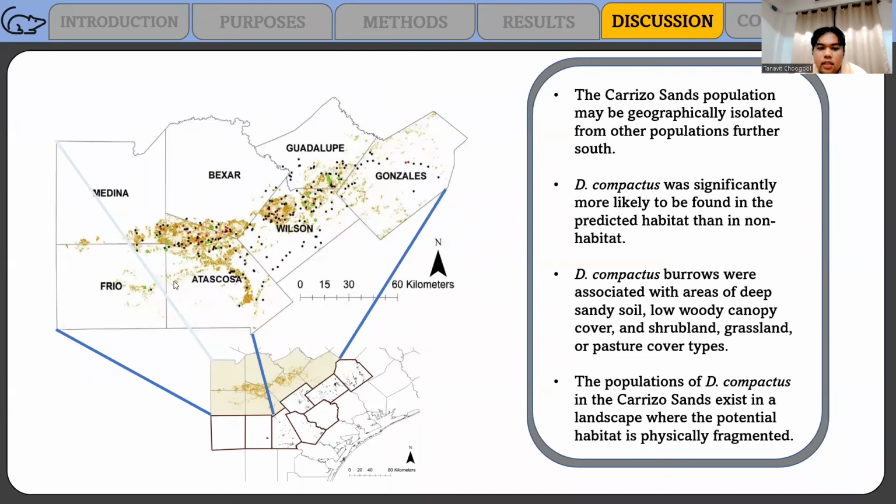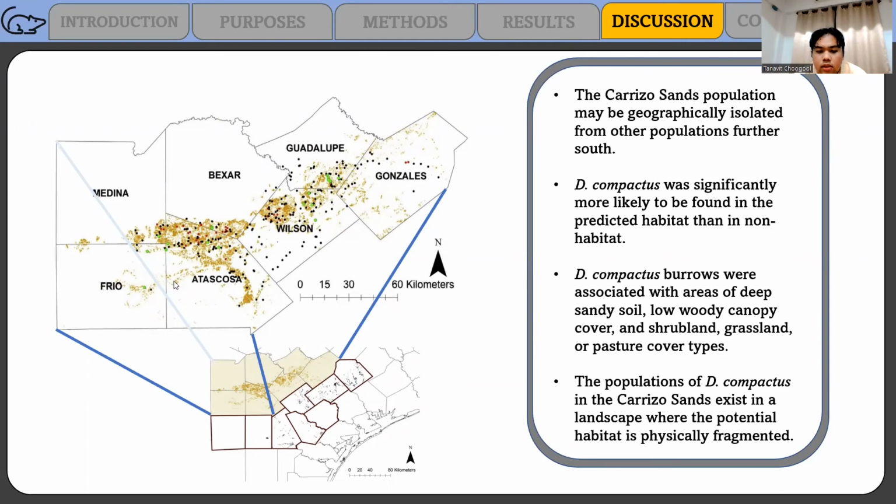Next is discussion. The Carrizo Sands population may be geographically isolated from other populations further south. Diplodomys compactus was significantly more likely to be found in the predicted habitat than in non-habitat.